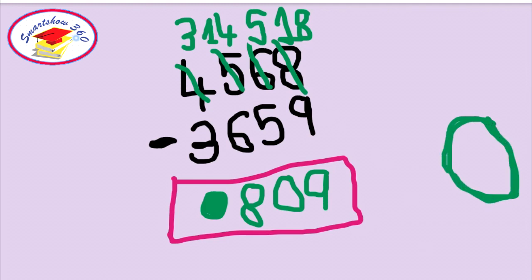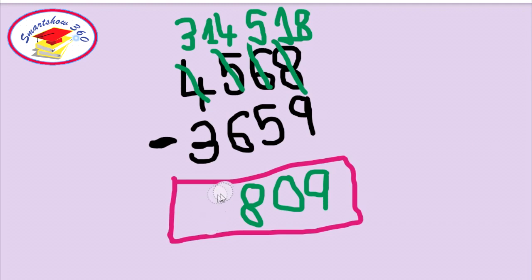Please do not write a dot in the final one. Write 0 kindly. So I will rub this and then write 0. So the answer is 809.